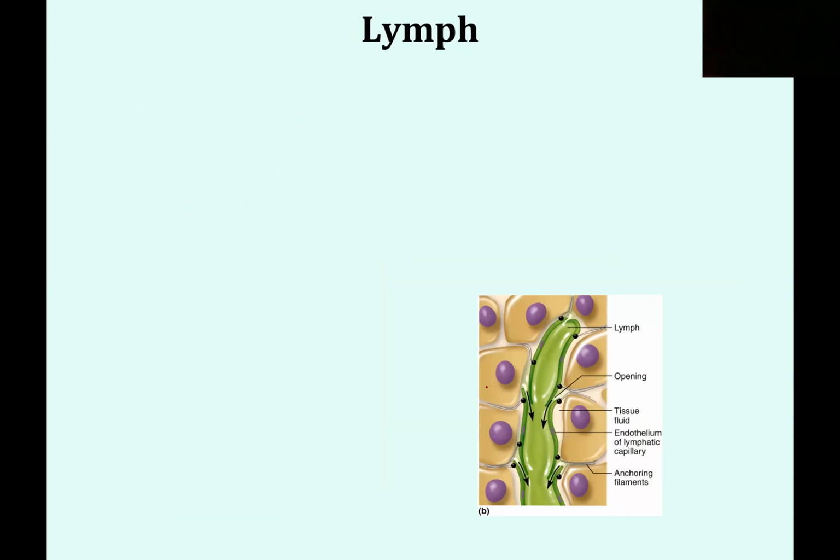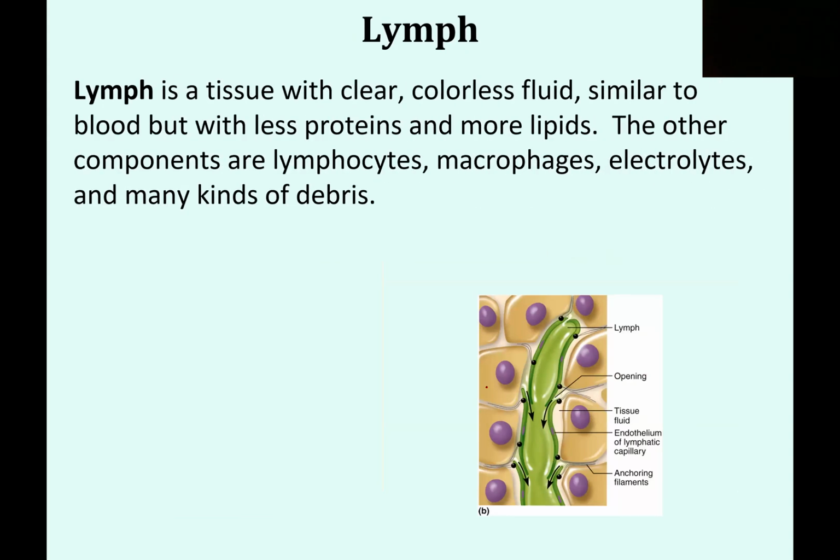Lymph, again, a type of tissue, typically clear to colorless, similar to blood. The big difference is it has less proteins and more lipids. The other components include lymphocytes, macrophages, electrolytes, and many kinds of debris.